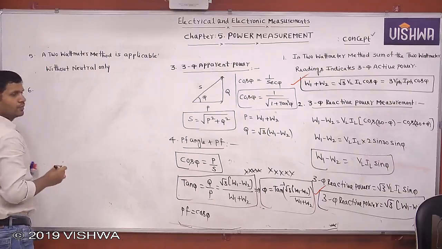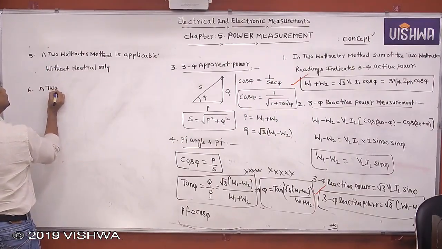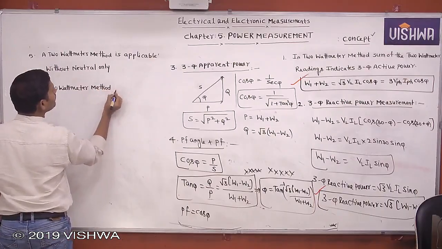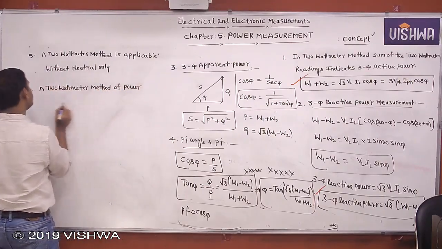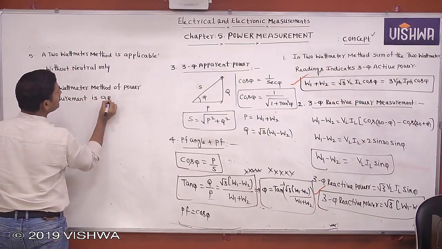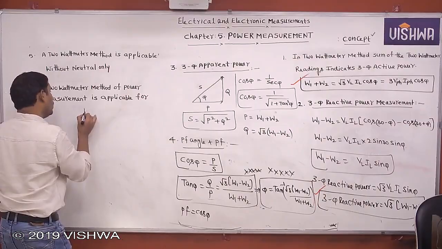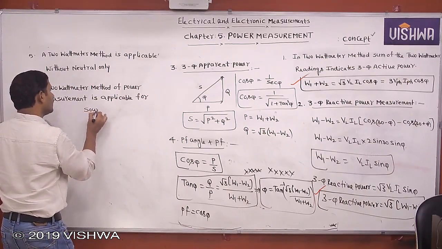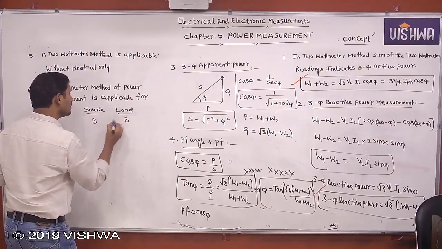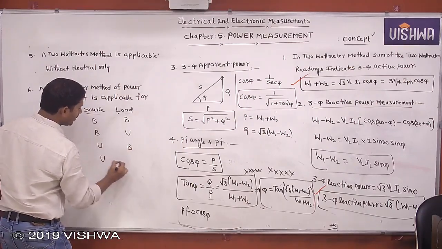Next, sixth observation. A 2 wattmeter method of power measurement, it may be active or reactive power, is applicable for any load or source: source balance, load balance; source balance, load unbalance; source unbalance, load balance; source unbalance, load unbalance.